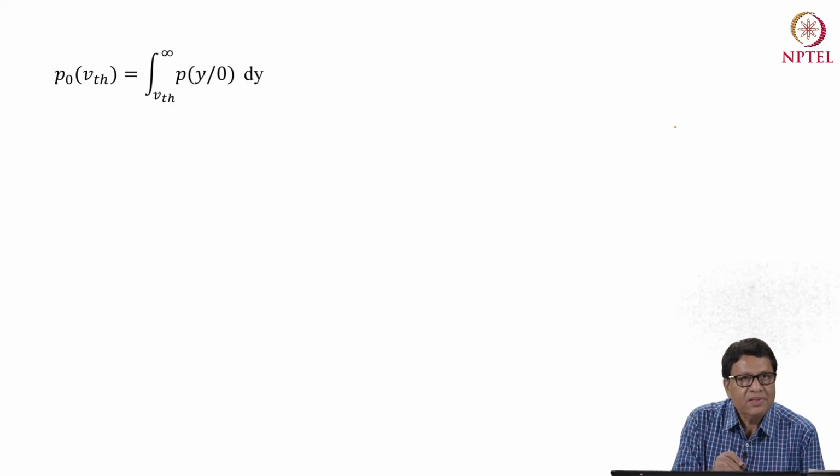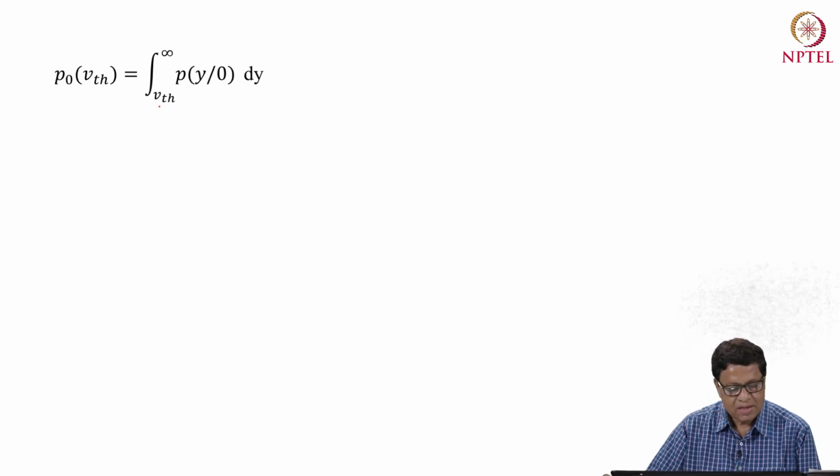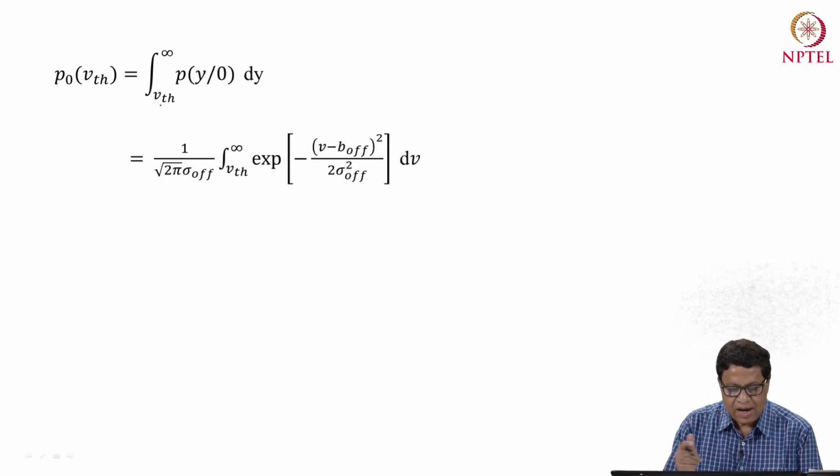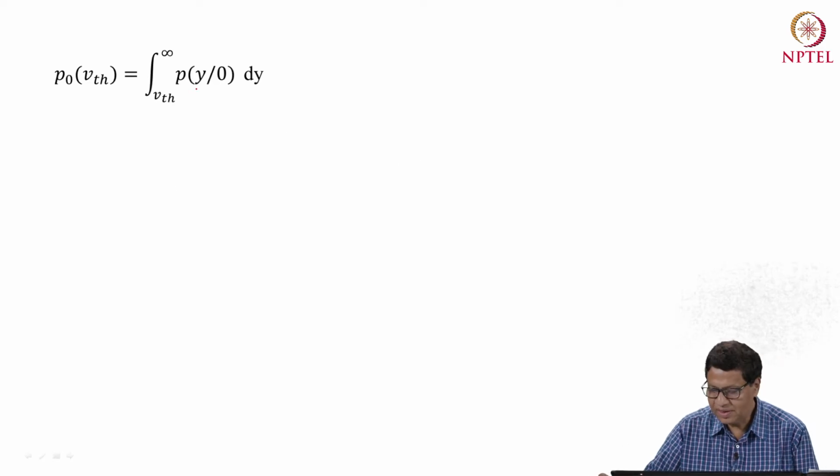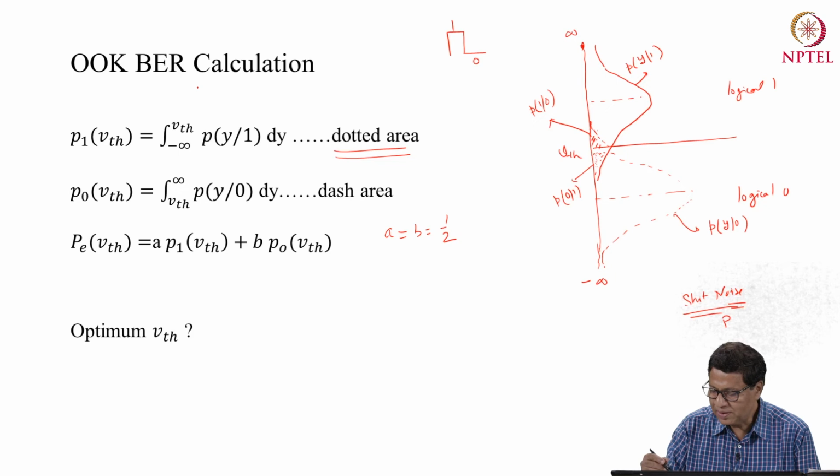So as I mentioned, the dash area was P0 VTH. The limits are from VTH to infinity. That is an error in 0, and this is given by this area. If you see this particular area, the dash or the dotted area, depending upon what you consider.